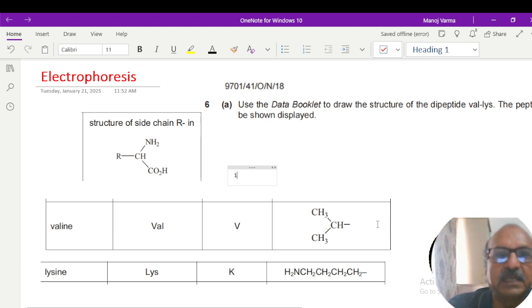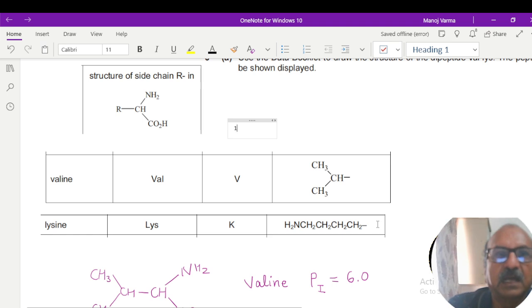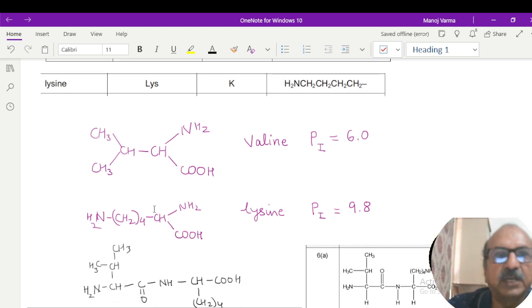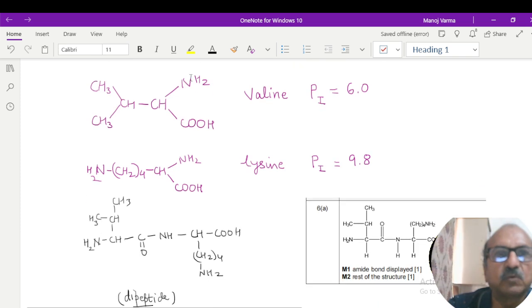So you know that in the dipeptide there will be the CONH bond. So I have taken the structure in which I have taken this part, the valine part, and this NH2 part comes over here.